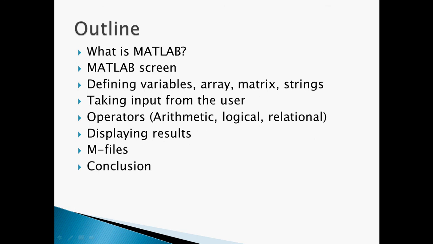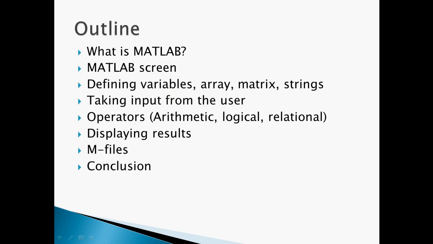Okay, so today what we discussed: what is MATLAB and the different components of the MATLAB screen, and how to define variables, arrays, strings, matrices, how to take inputs from the user, and different operators and different operations, how to display results, and what's the difference between M file, MATLAB function file, MATLAB built-in functions, and what the different extensions are. .m is used for our code and .mat is used for our data file.